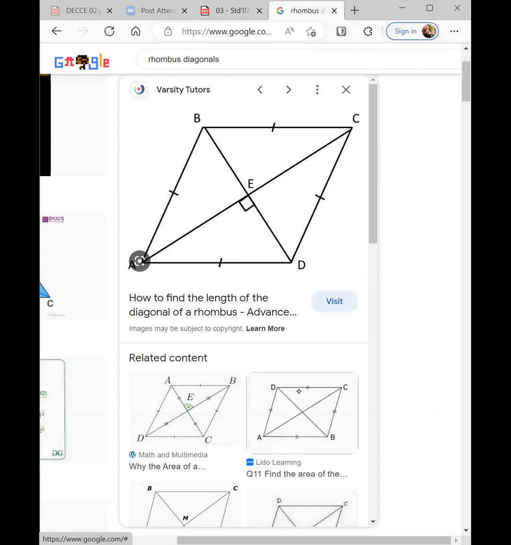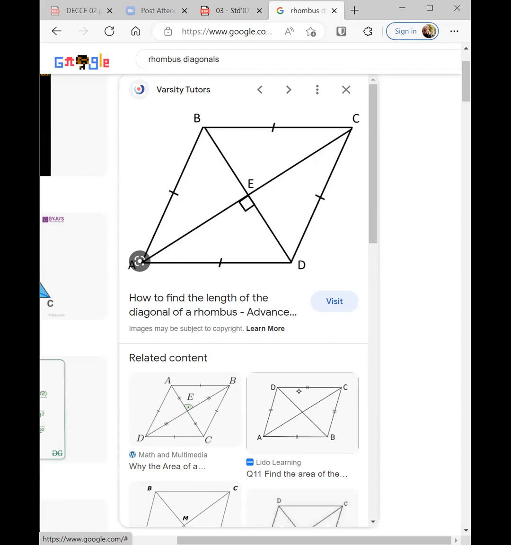When I'm saying proper, that means you don't just randomly draw a shape that looks like a rhombus and call it a rhombus. Draw a rhombus by measuring each of the sides properly, so that each of the sides is accurately equal to each other. Then you will find that the diagonals are perpendicular to each other.